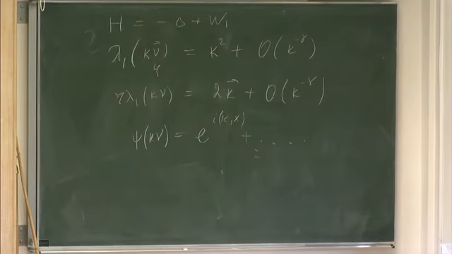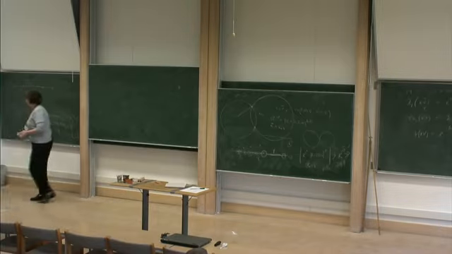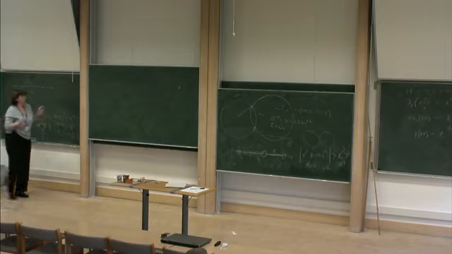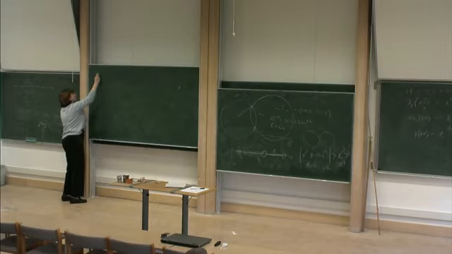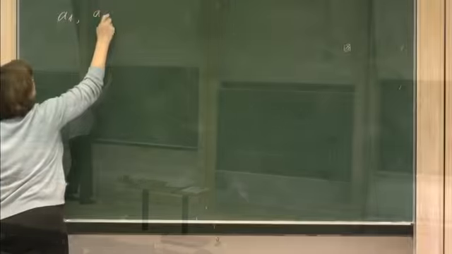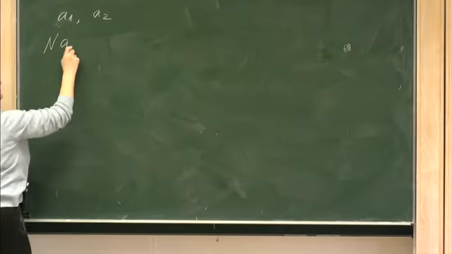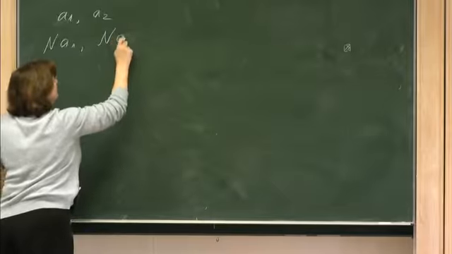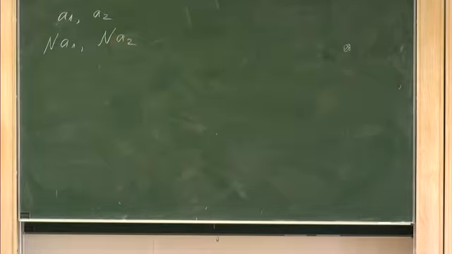Now, the main thing is that we want to add W2. But before we add W2, let us think about W1 as having a period which is, say, twice bigger than the initial period. Or let us say we have periods A1, A2, and now we have periods NA1 and A2. Then we can use the discrete version of the Bloch theorem.